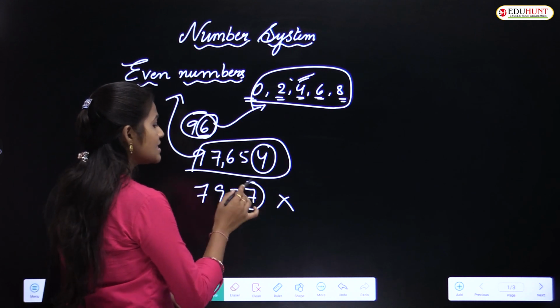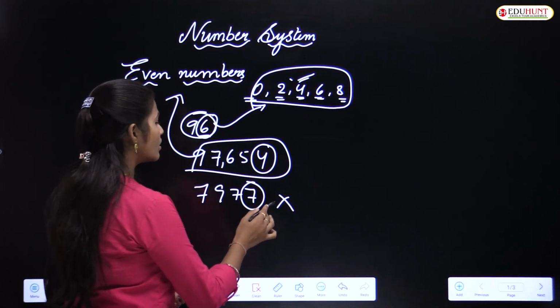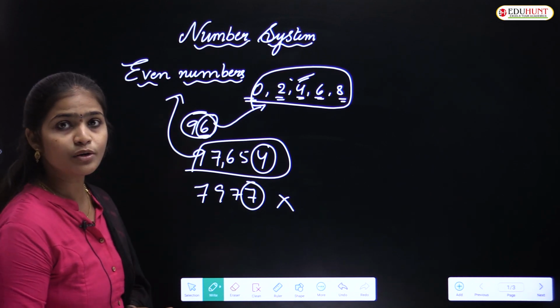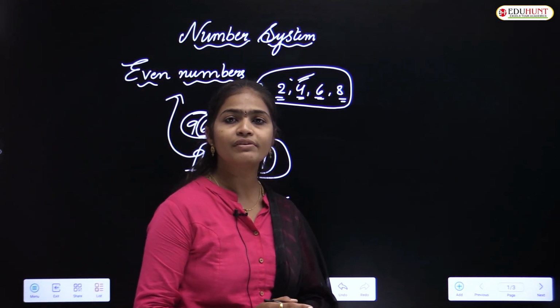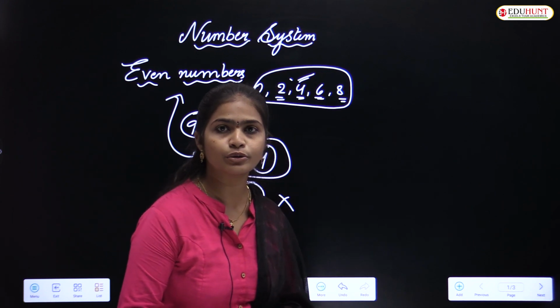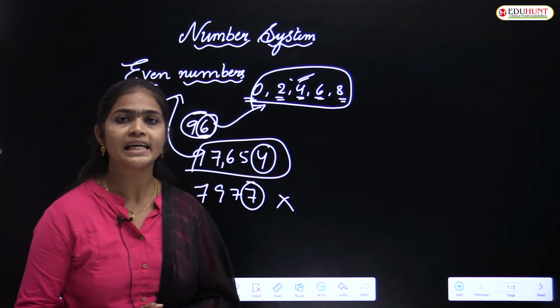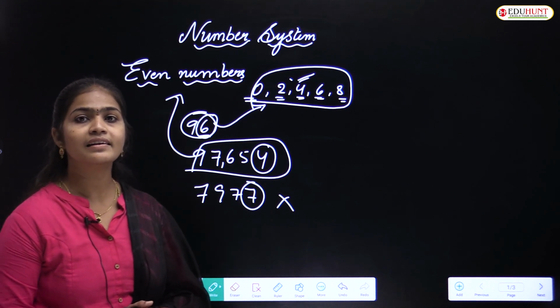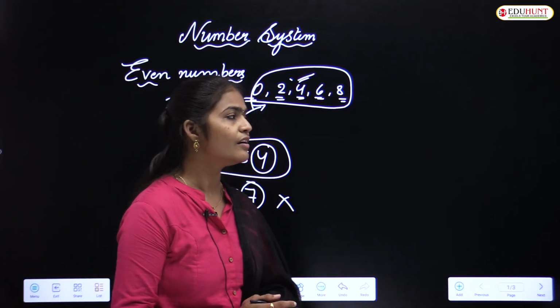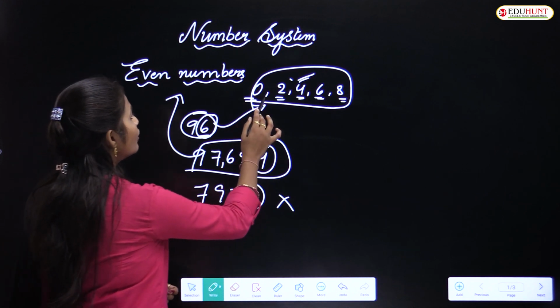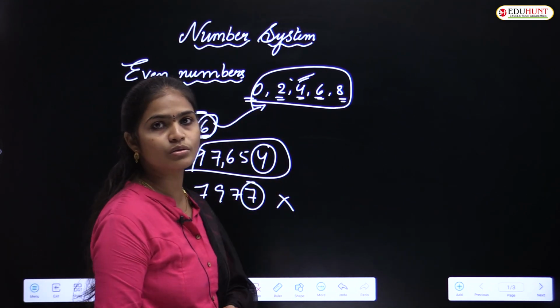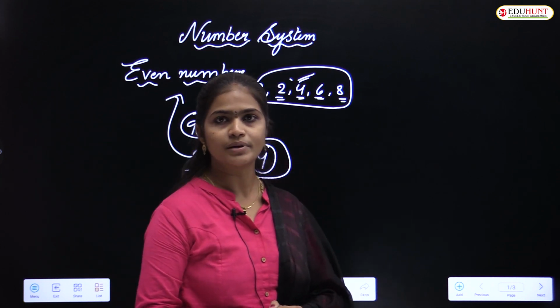So once again, what is an even number? If the given numbers are exactly divisible by 2, those numbers are known as even numbers. Or if the numbers have the last digit 0, 2, 4, 6, or 8, we will call those numbers even numbers.